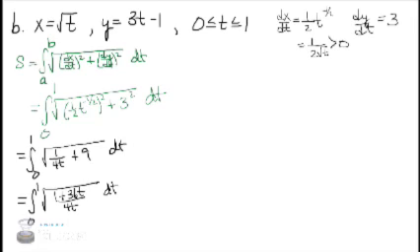I'm going to separate the numerator and denominator into separate square roots. So this is going to be the integral from 0 to 1 of the square root of 1 plus 36t over the square root of 4t, or in other words, 2 square root t.